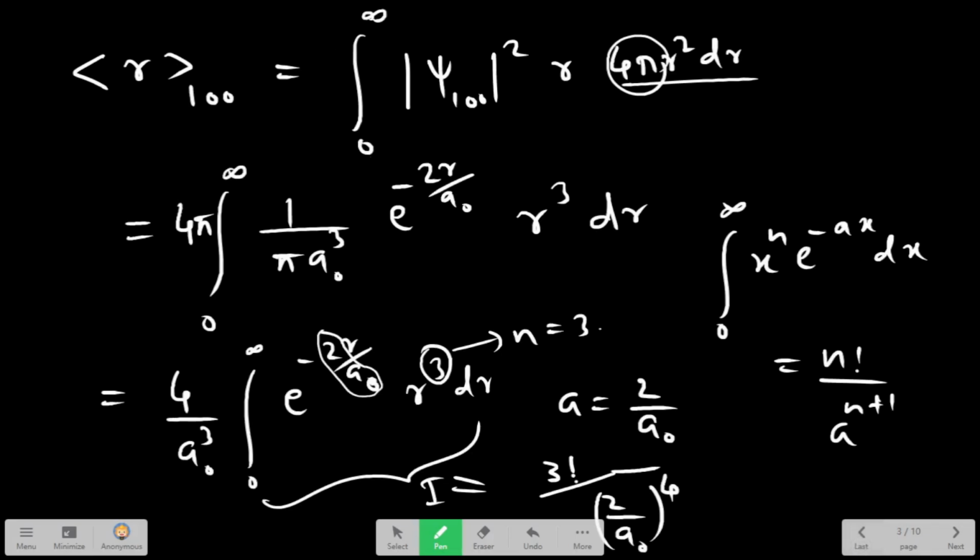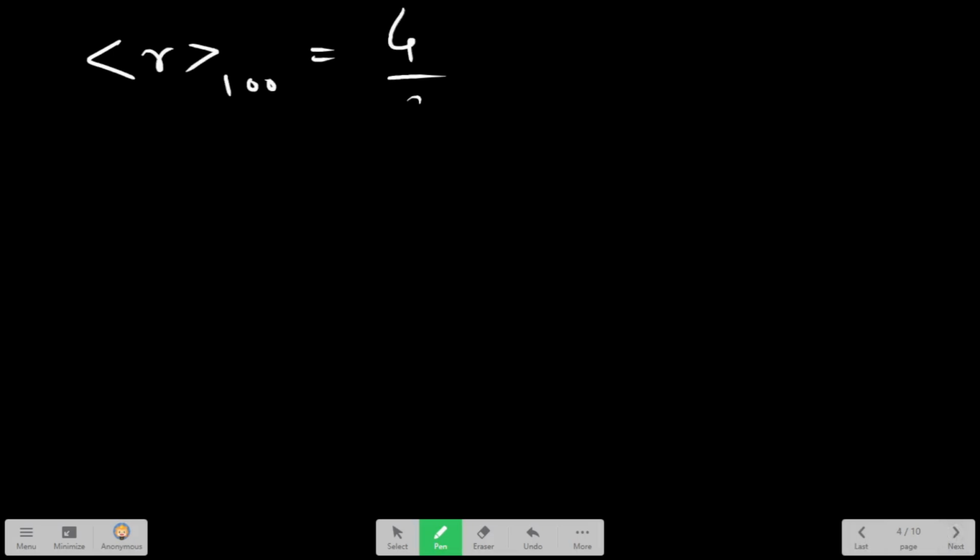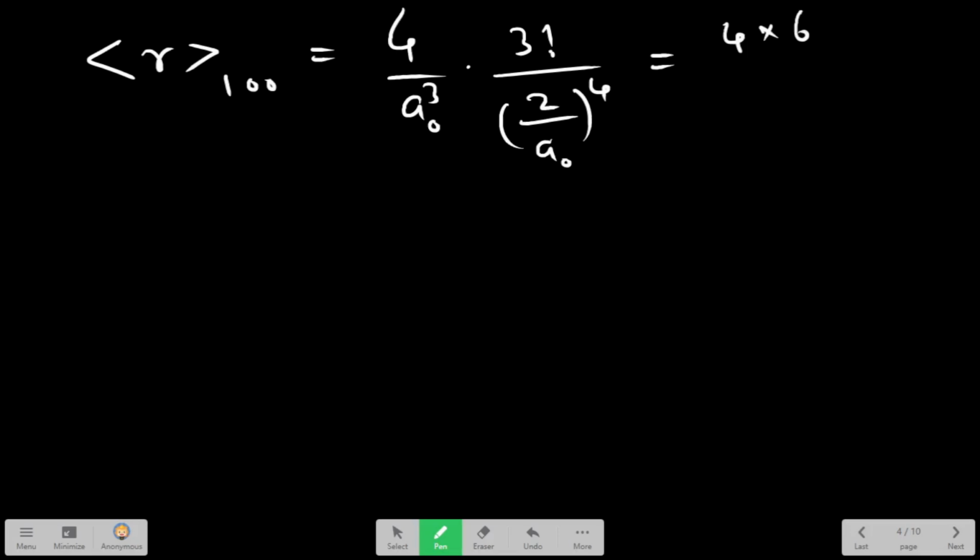Therefore we have the expectation value of R in the state 100 equal to 4 by A0 cube times 3 factorial divided by (2 by A0) the whole raised to 4, which is equal to 4 times 3 factorial, which is 6, divided by A0 cube times 2 raised to 4, which is 16, divided by A0 raised to 4.